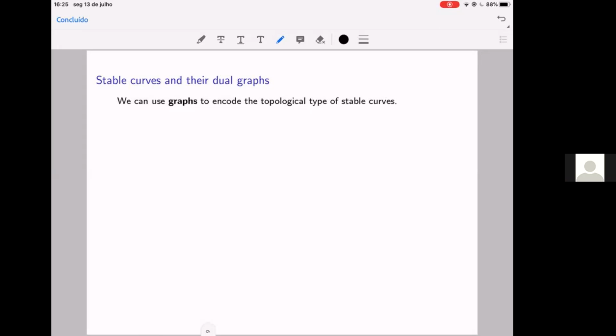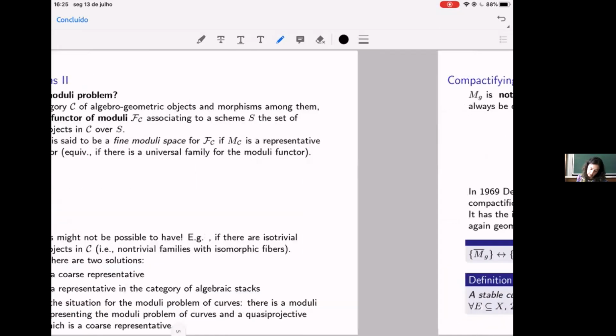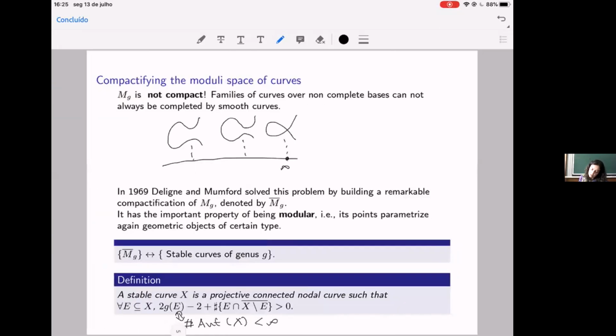What's the difference between stable and semi-stable? Yes. One way to see this is that maybe here you could just ask for this to be bigger than -1.